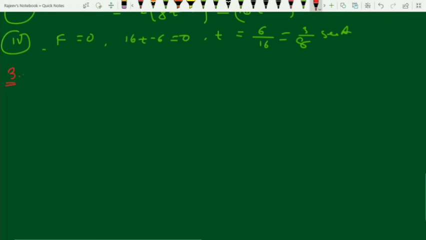Third application, to find velocity from the ST equation. Sorry, not ST graph, because here we will discuss only the equation part.